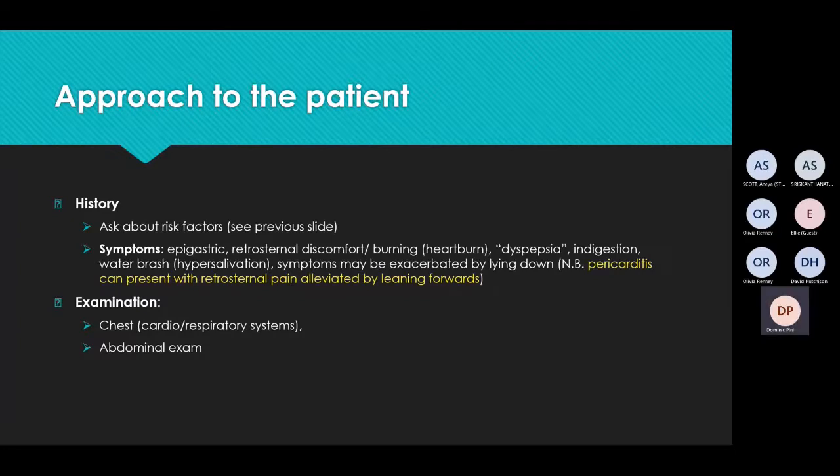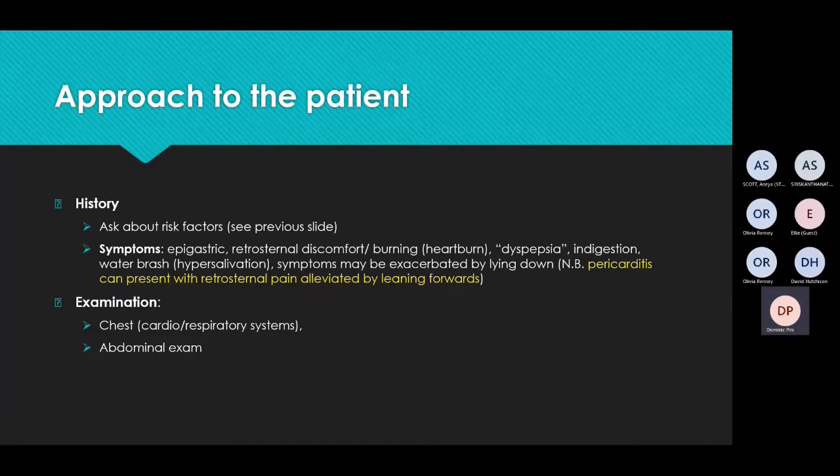In terms of examination, you want to do a chest exam, which includes the cardio and respiratory systems, because a lot of these people might get coughing and spluttering, and you want to fully evaluate those systems.